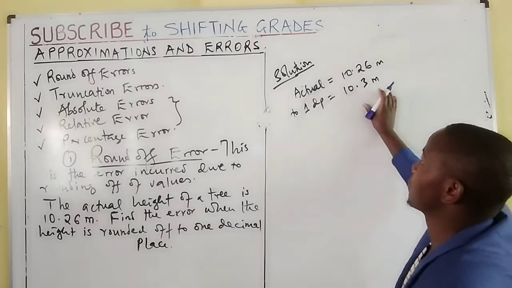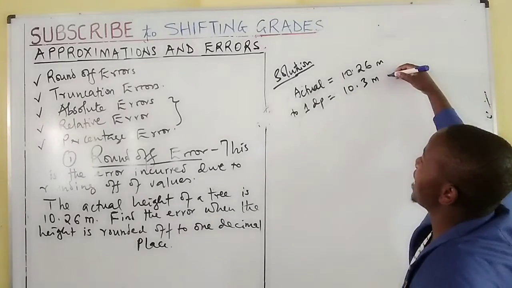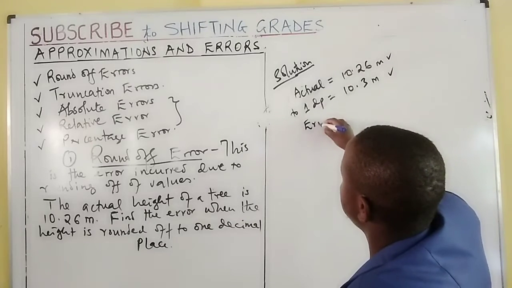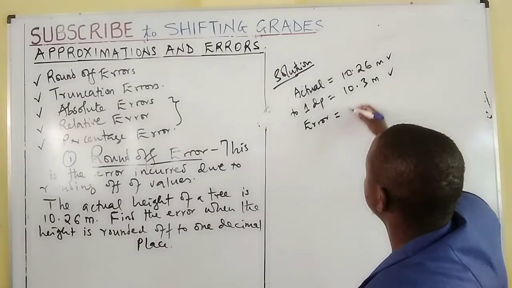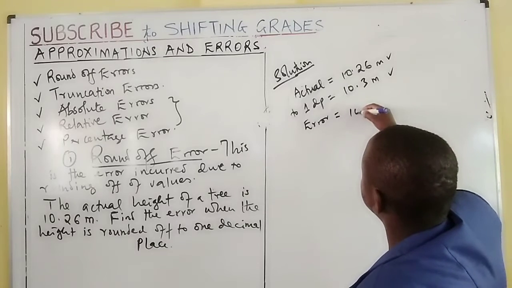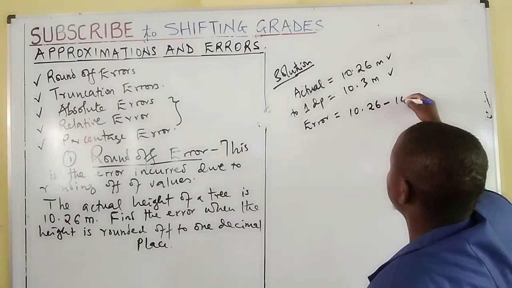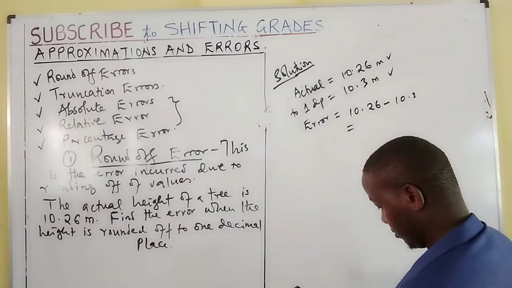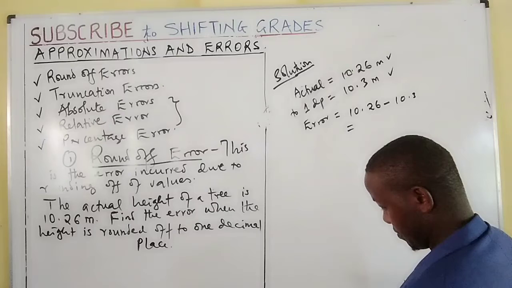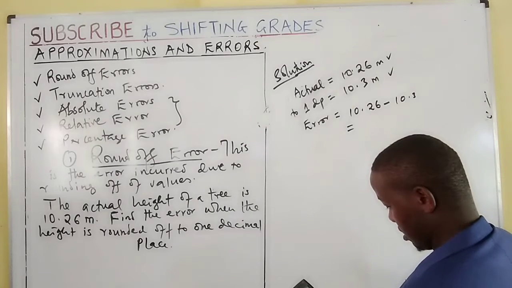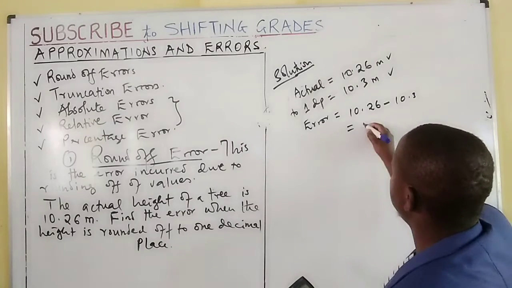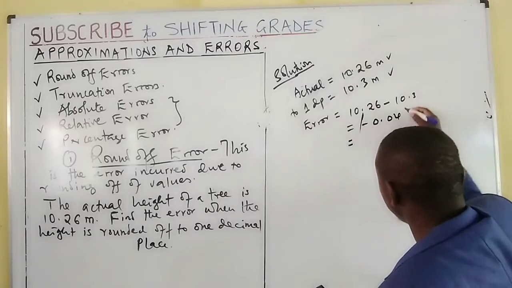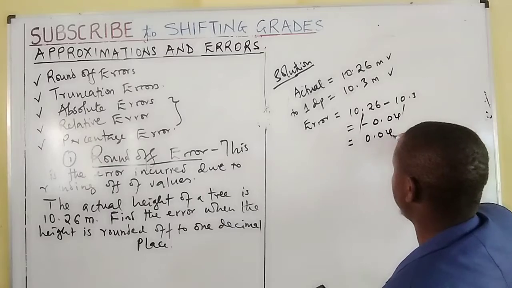Because this is the estimated value and this is the actual value, the error in this case, when we take 10.26 minus 10.3, is negative 0.04. Therefore, the error is just the absolute value of this, 0.04.